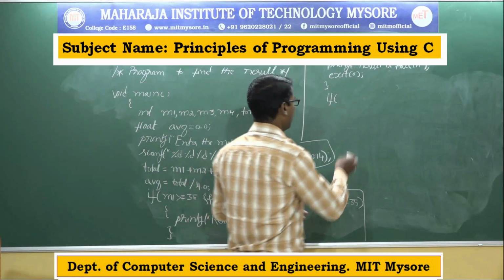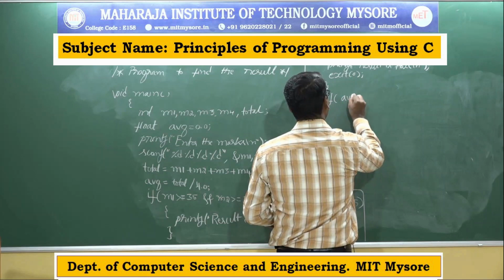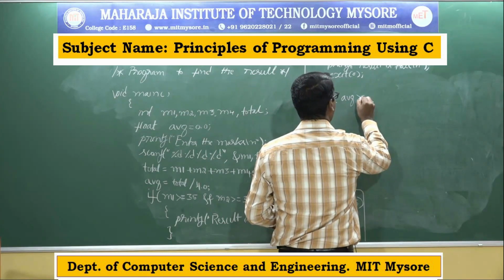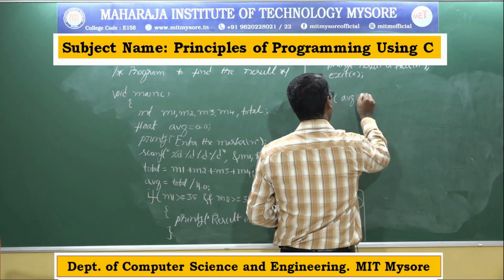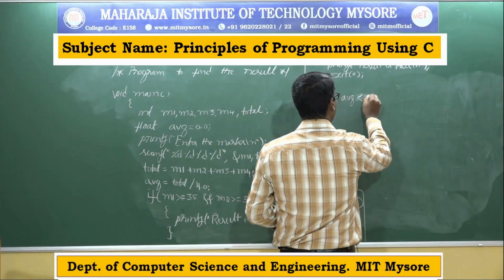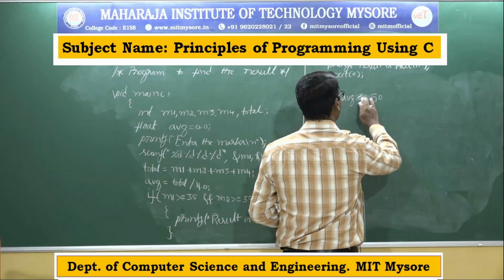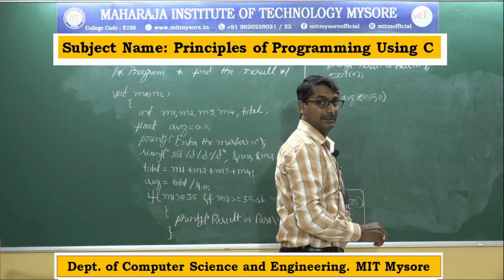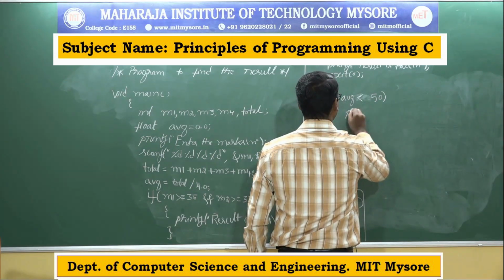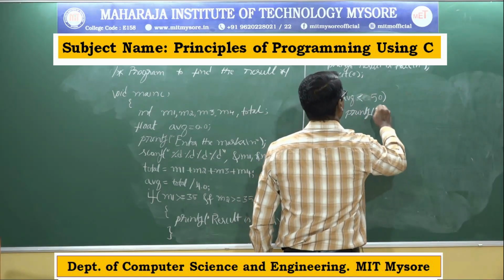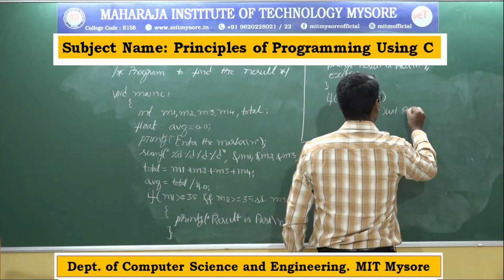So first we verify this: average less than 50, then printf just pass.